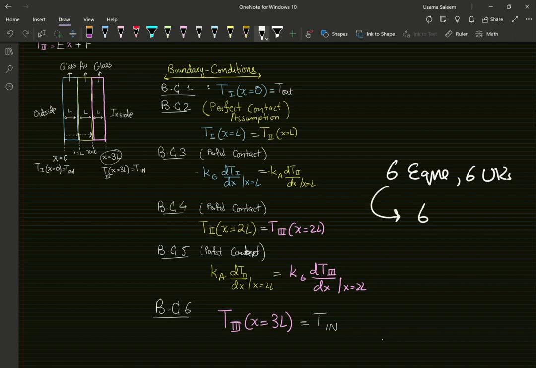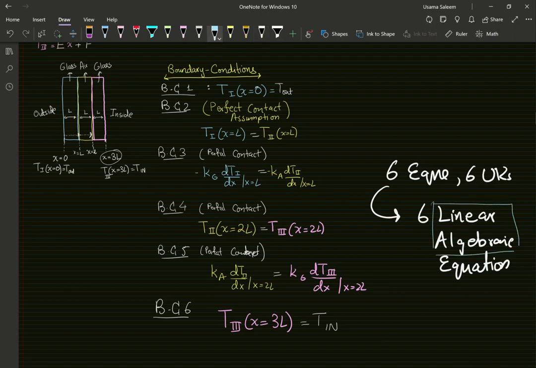So they're all going to be 6 linear algebraic equations, which means if you're so inclined, you can use tools from linear algebra. But I'm not really going to do that. There's got to be an easier way to deal with all of this.